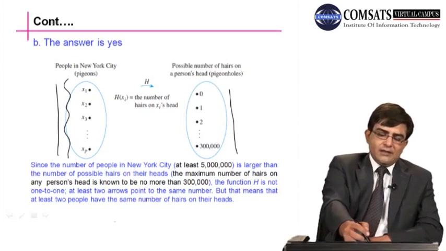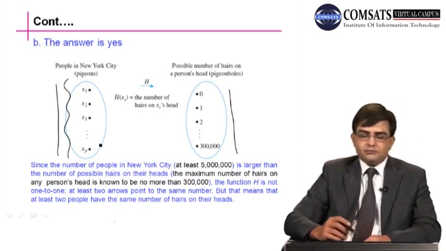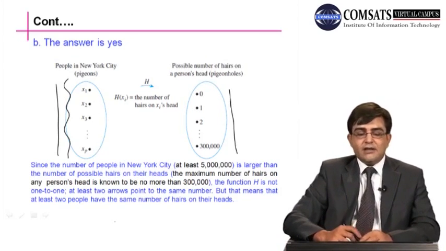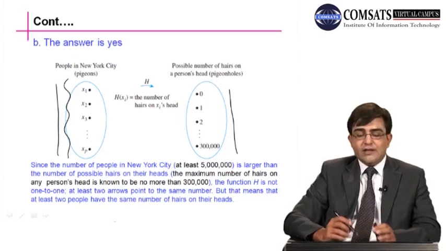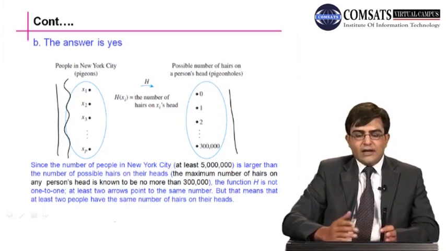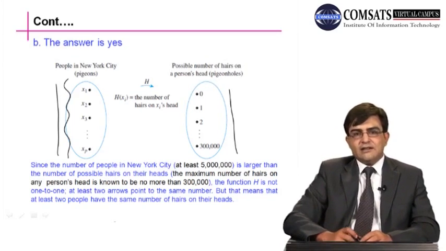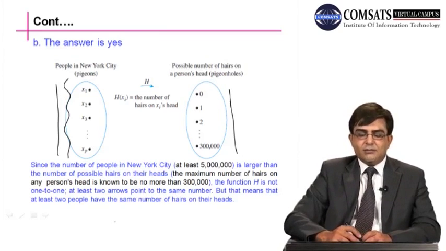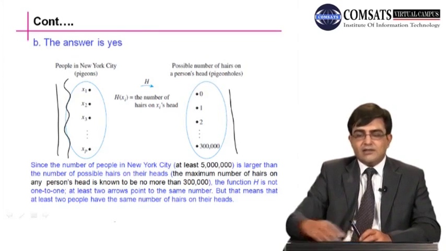Now there must be at least 2 people, by using the pigeonhole principle, as the domain set is the larger set, meaning it contains more elements than the codomain. So by the pigeonhole principle, there must be at least 2 people who have the same number of hairs on their heads. Yes, we can say it.